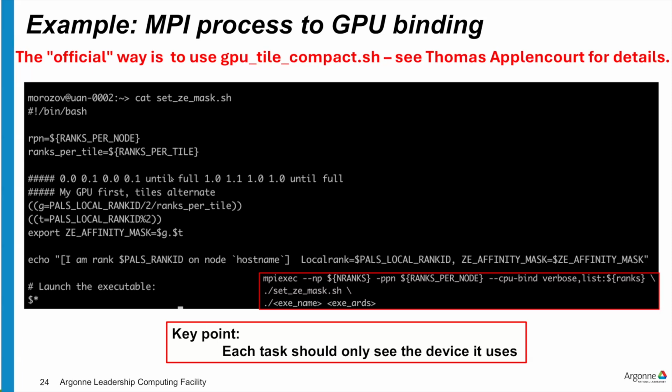You can do more complex ways of doing things if you do it yourself, as long as, of course, you understand how to do an assignment and how to make the correct identification of the placement of MPI processes within a socket and within GPU enumeration. Don't want to spend much time on that because this is all documented in our environment on the slide.